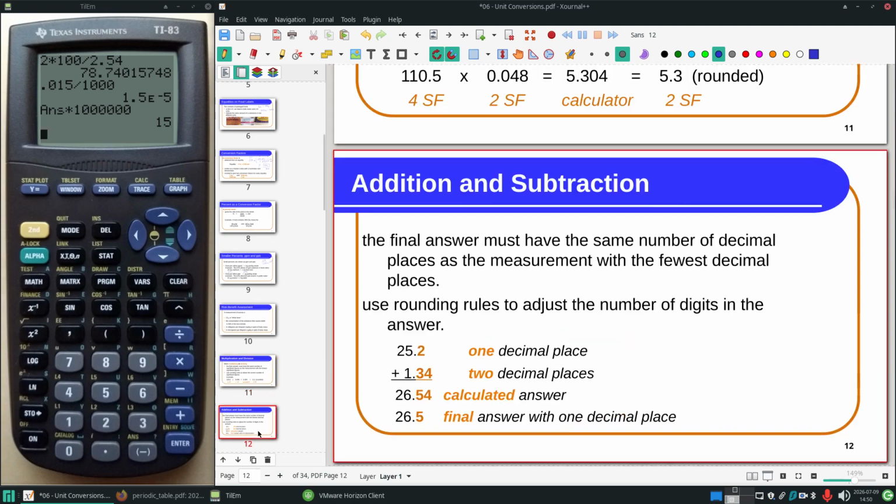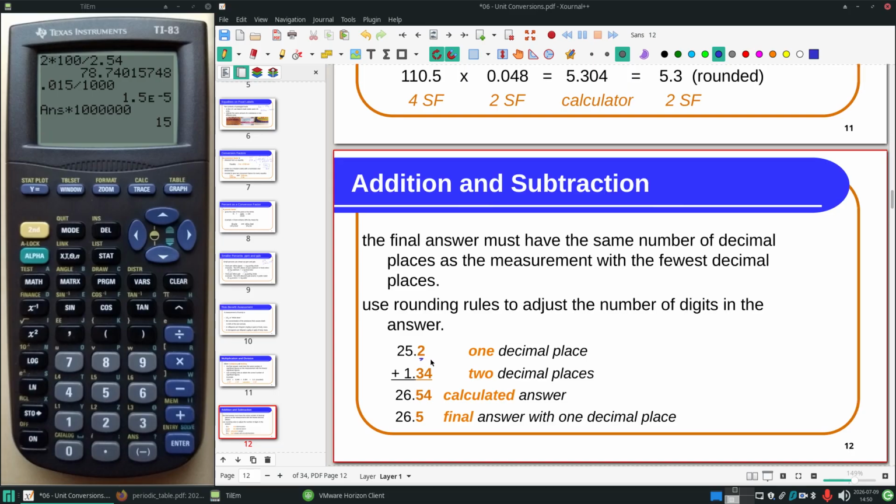The one that's a bit more challenging is addition and subtraction, because the number of significant figures in the values given doesn't necessarily guarantee the same number of digits in the final answer. Now, why that is, so if I looked at 25.2 and 1.34 and added them, that's what my calculator will give me. But remember that weird idea of the uncertain number?